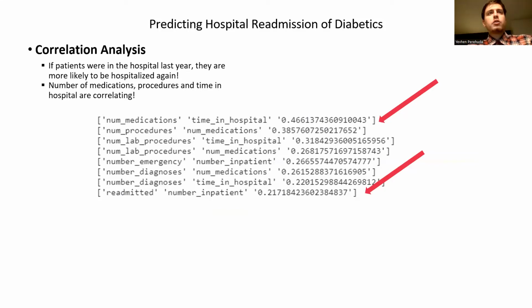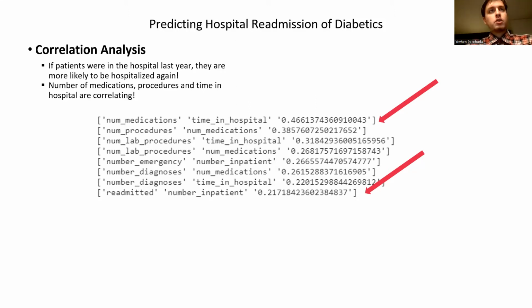After that we did a correlation analysis, and what is interesting, we see a correlation between, for example, number of medications and time in hospital, or number of lab procedures and time in hospital, which is quite explainable, because the more time a patient spent in the hospital, the more procedures are used for treating him.